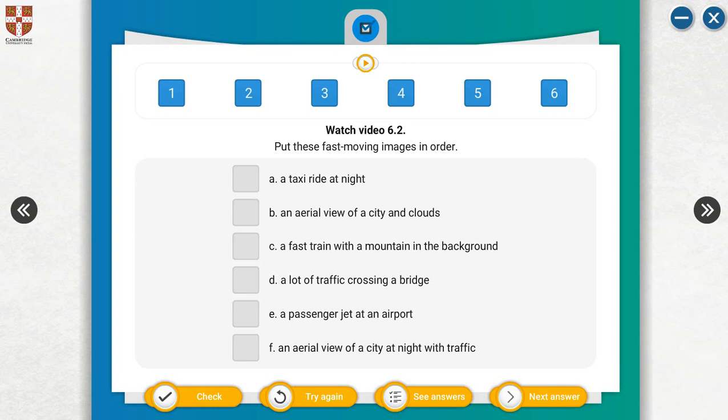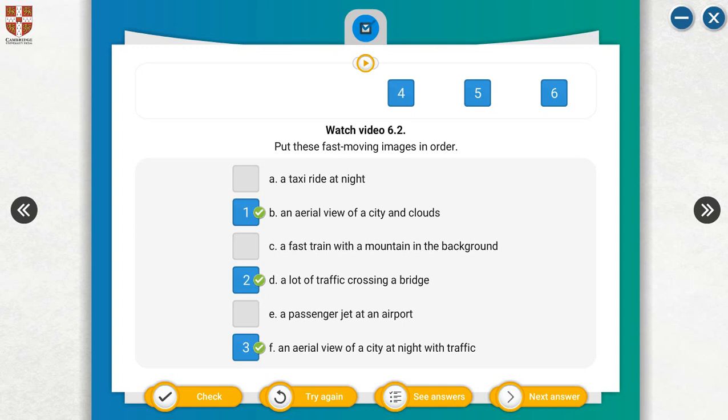B, an aerial view of a city and clothes. Number 2, a lot of traffic crossing a bridge. That means D. And number 3, F, an aerial view of a city at night with traffic.